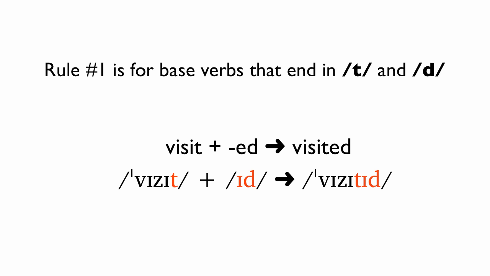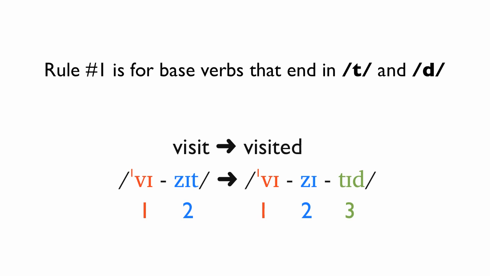Visit, visited. Let's also take note of the number of syllables in each word. Visit has 2 syllables. Visit. Visited has 3 syllables. Visited.